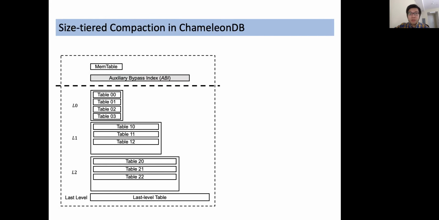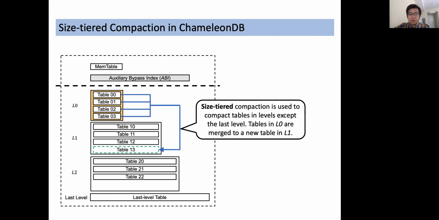Let's see an example of size tier compaction in ChameleonDB. In this example, a level is regarded as full when it holds 4 tables. And now, level 0 that holds 4 tables is full and needs to be compacted. The 4 tables in level 0 are merged to a single table, which is then inserted to level 1 as a new table, the table 13.